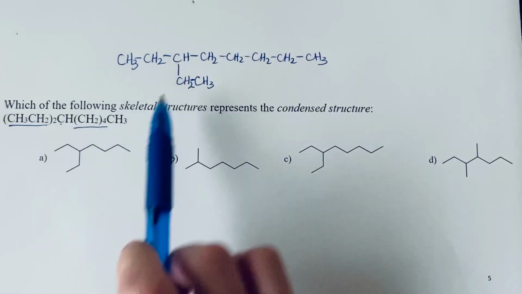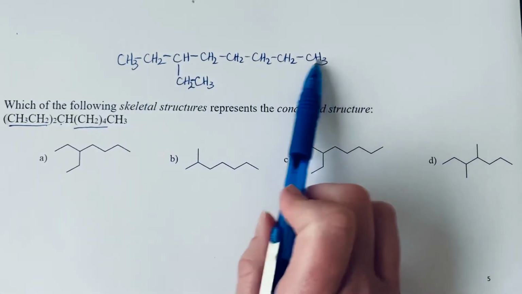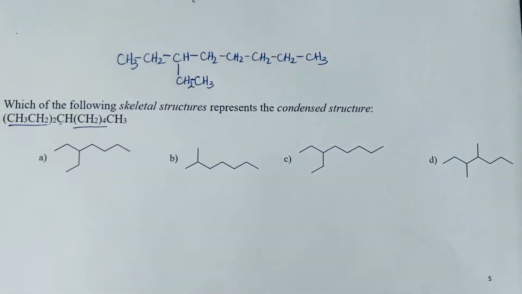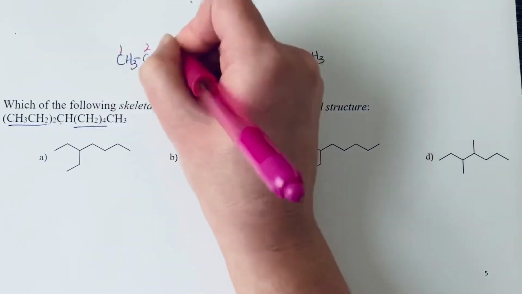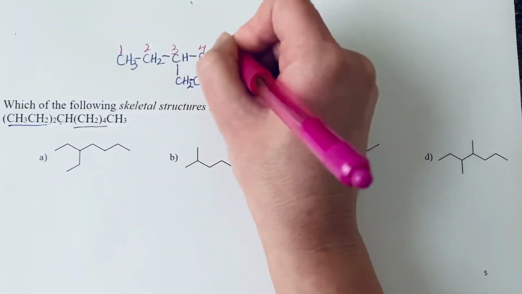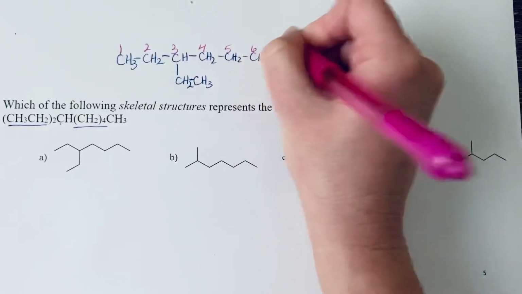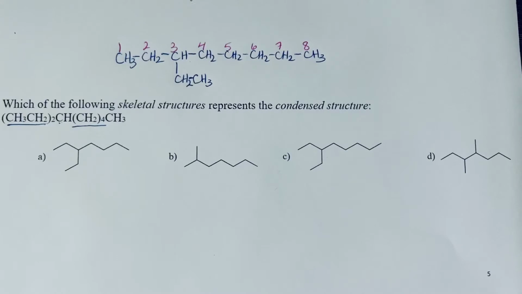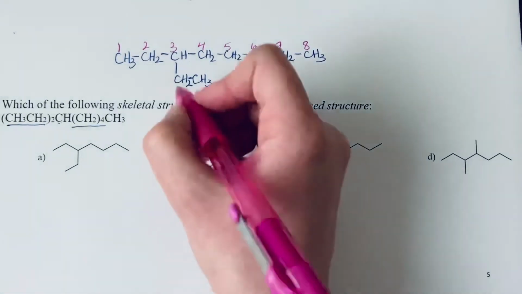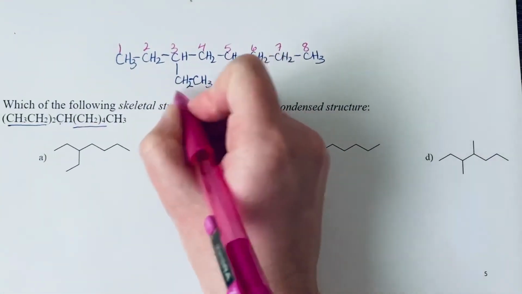What I like to do is number that longest chain so I can figure out how long of a chain I'm looking for and where my branch point is. So I'm just going to number from left to right. I can see I have an 8 carbon atom chain, and then off of that 8 carbon atom chain, I've got another 2 carbon atoms.